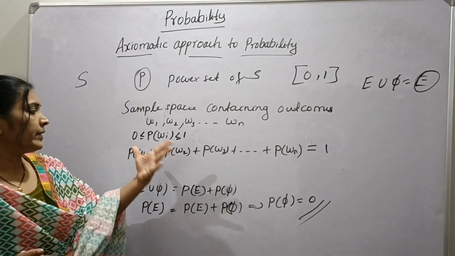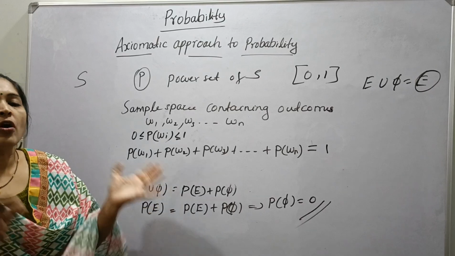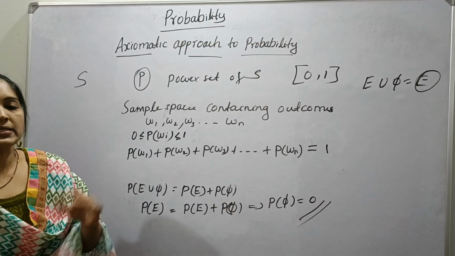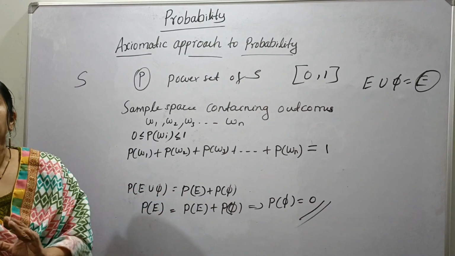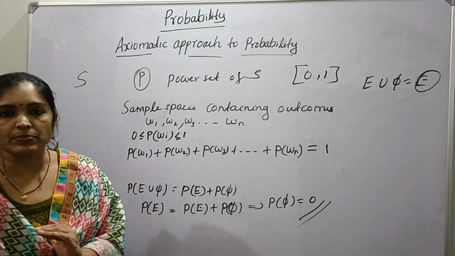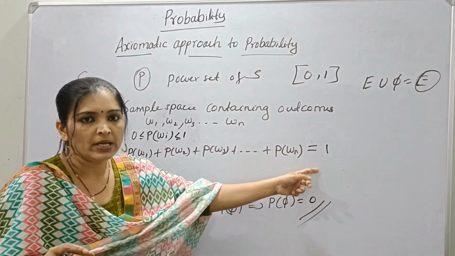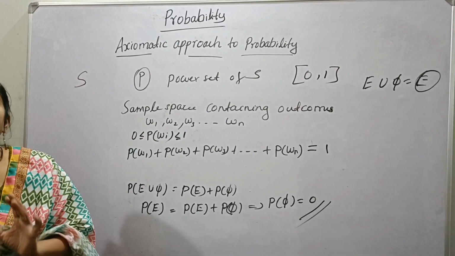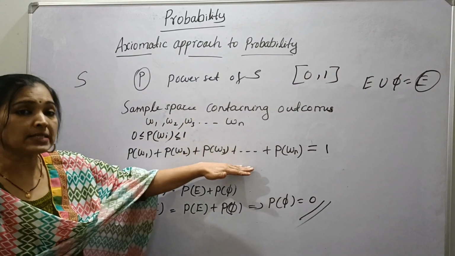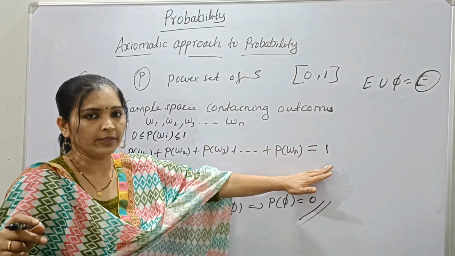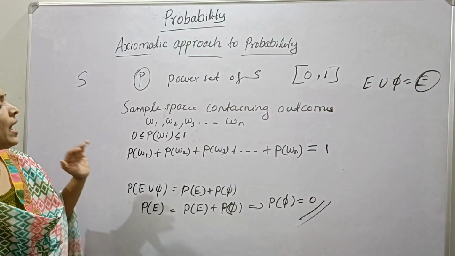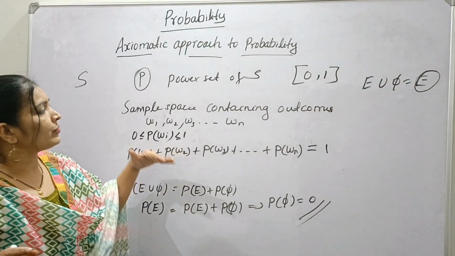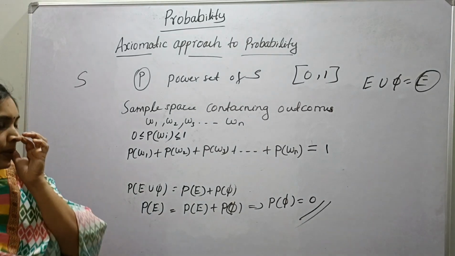Therefore the sum of probabilities of all the outcomes in the sample space is 1. These are the important axioms of probability.